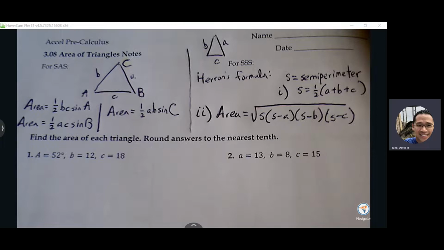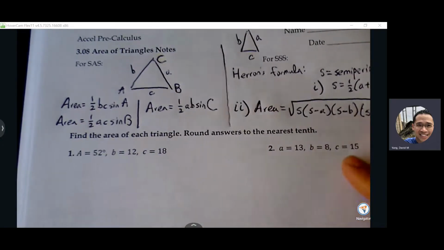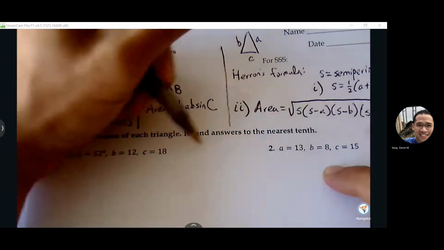If there's nothing that comes after it, I think the calculator can adapt and it'll know that you don't have to have that closed parenthesis, but I would do it just to make it feel more complete. You don't have to necessarily draw the triangle out, but if it helps you see what information you have, then you can definitely do that.